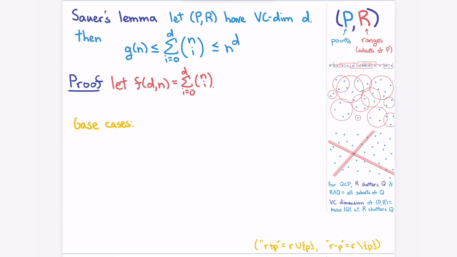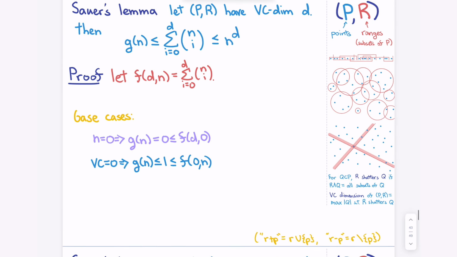What are the base cases? Or what are the dimensions? One is the VC dimension, so VC dimension equals 1 or even 0. What's another base case? N. N will be the other base case. So maybe in the interest of time.